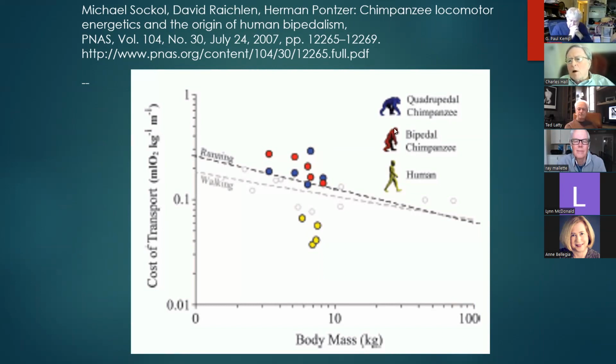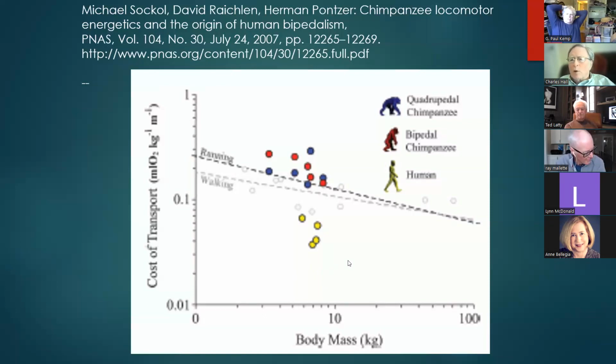I'm sorry, this is chimps walking the way chimps like to walk, on all fours. But humans are much more efficient. So it appears that our bipedalism was an energy adaptation, letting us walk in our new environment, savannas, and our new lifestyle, hunting, much better than chimpanzees.